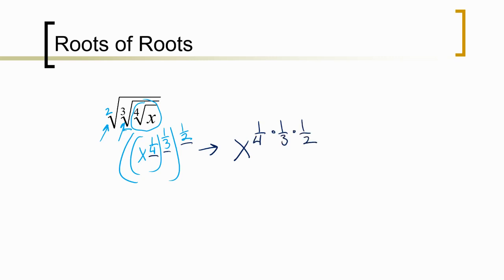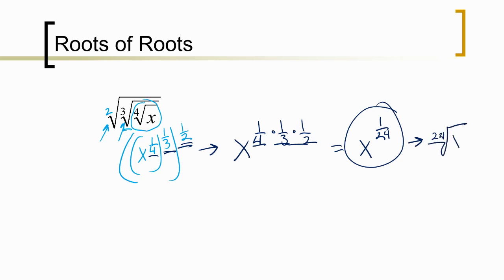When you have powers to powers to powers, you just multiply those powers. The final answer is simply x to the 4 times 3 is 12 times 2 is 24, 1/24th power. And you could leave it like that, or rewrite it as the 24th root of x.